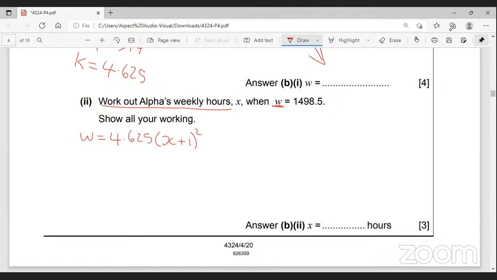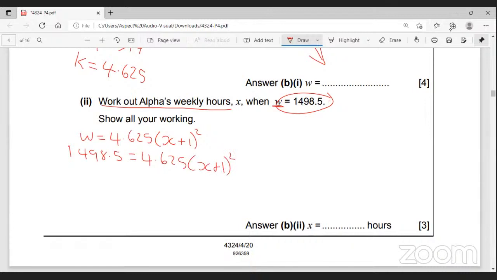You are already given the value of W right here, so it is 1,498.5 equals 4.625 times (X plus 1) squared.